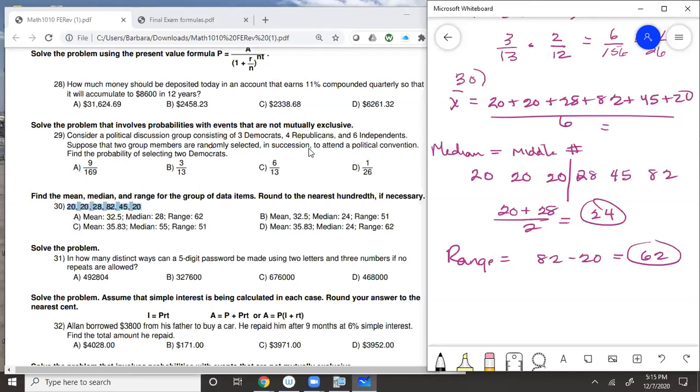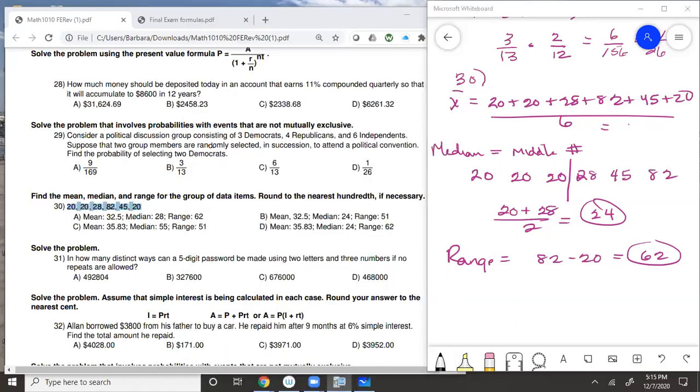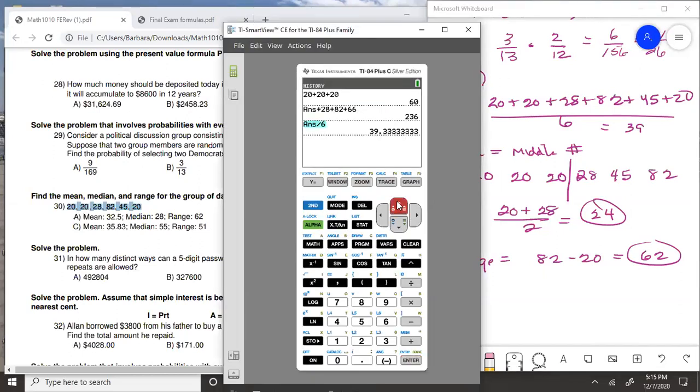So we could do that together. 20 plus 20 plus 20. I got 35.83. Is that what you got? No, I got 35.83. Oh, it's 65. Yeah, let me get that. That's 65.